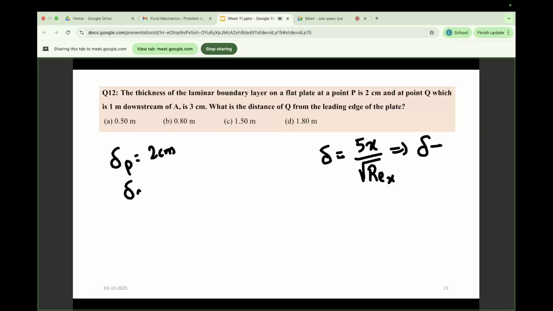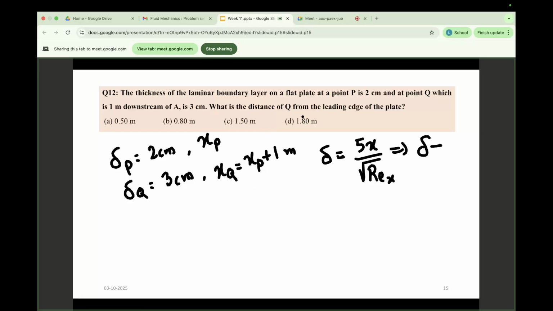Delta Q, which is 1 meter downstream of P, is this 3 centimeter. So this is at point XP, and this is at point XQ, which is 1 meter downstream. That means it should be XP plus 1, in meters as it is given, right?